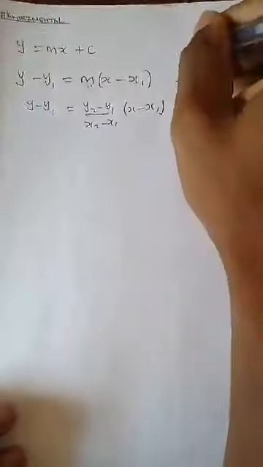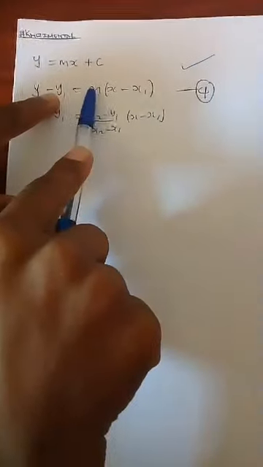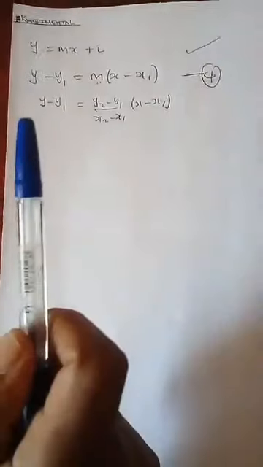But that becomes our fourth equation, which is very important. What is this equation saying? It's saying if you have one point, x1 and y1, and you have the gradient, then I can give you the equation of that straight line. If you give me one known point and the gradient, then I can give you the equation of the line.